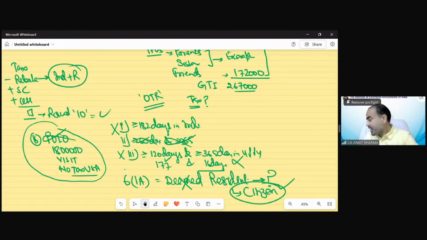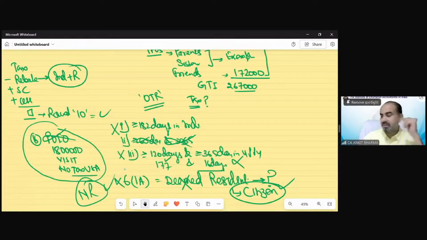So that's the tricky thing in section 6(1)(a). It is applicable if you are a citizen of India. Because she is not a citizen of India, she cannot take the benefit of section 6(1)(a). She would still be regarded as a non-resident in this case. I hope it's clear. It's a very good question of residential status.